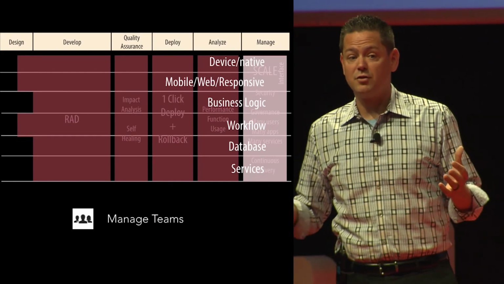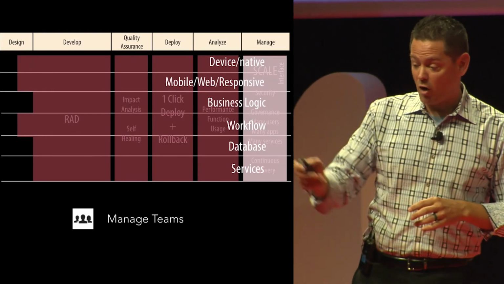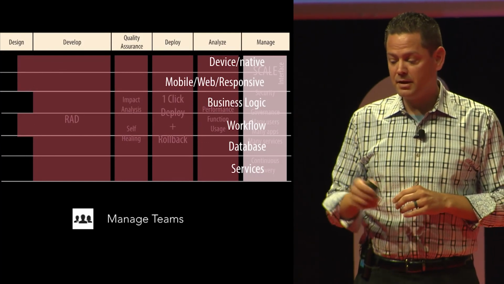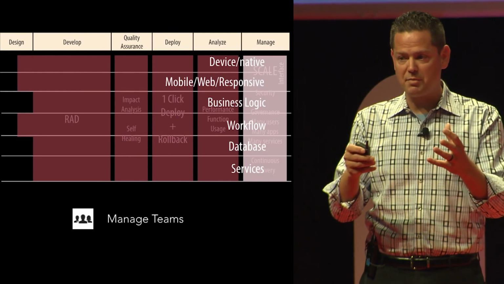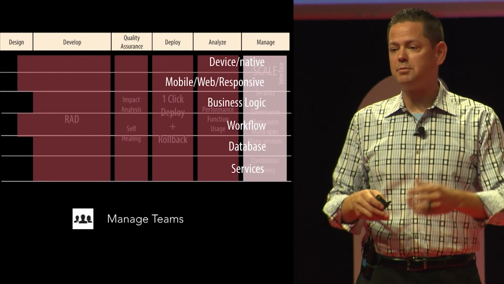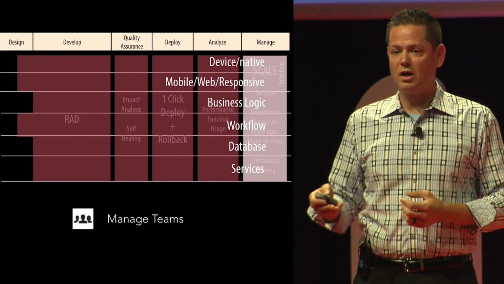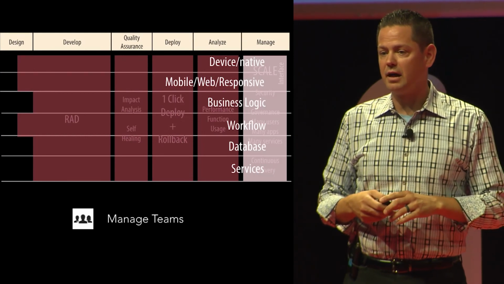The size of your organization is going to grow, and we need to be able to light up all layers inside of management. And then lastly, analytics. I have to be able to take a peek at what's going on with my application, how it's being adopted, how it's being used, when it is slow, when it's operating appropriately, and so that lights up the entire analyze phase.